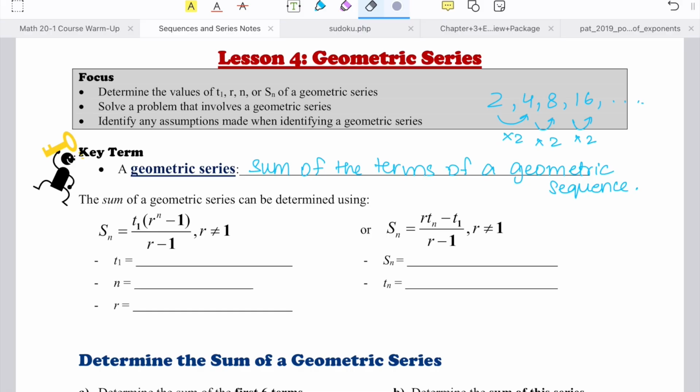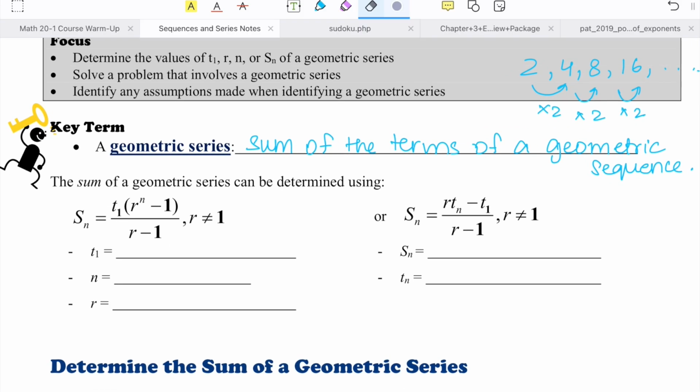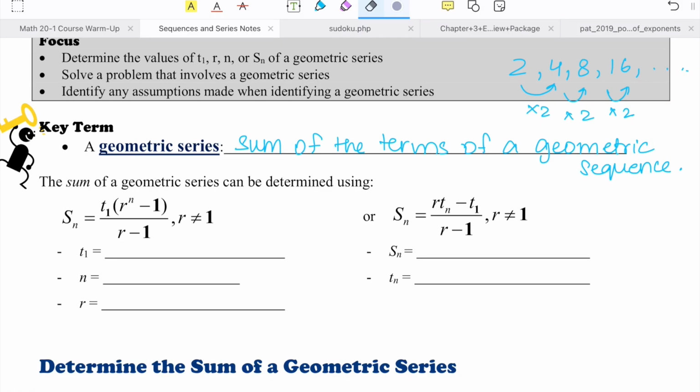So for a geometric sequence, the formula that we'll follow is Sn = T1 times (r to the power of n minus 1) over (r minus 1), or Sn = (r times Tn, so the nth term, minus T1) over (r minus 1). Okay, so T1 over here is my first term, right?